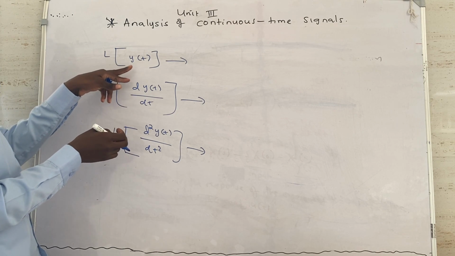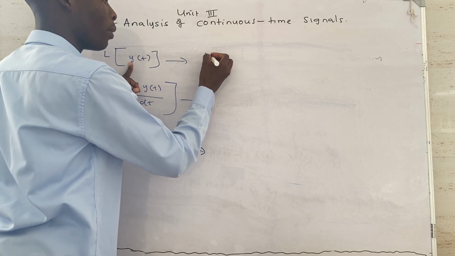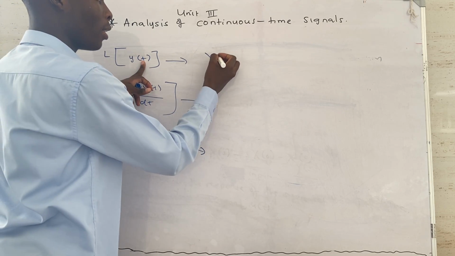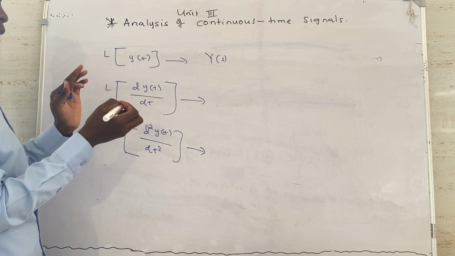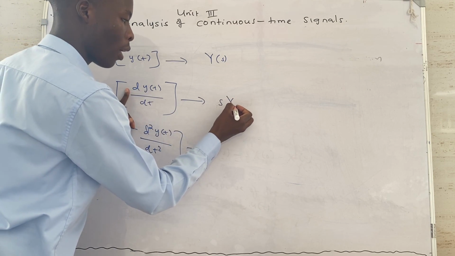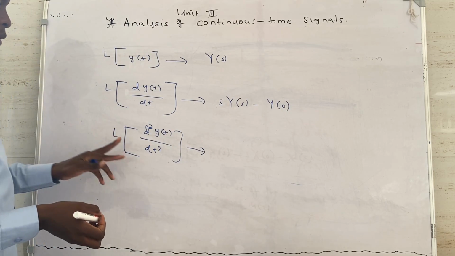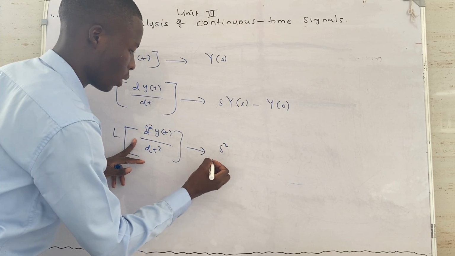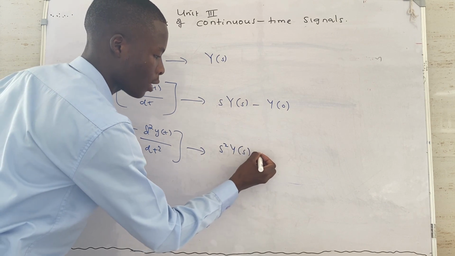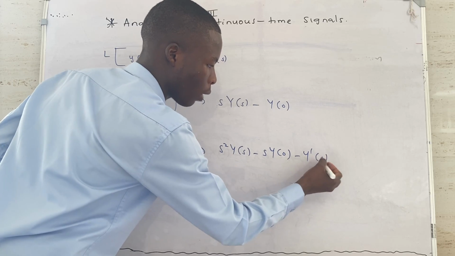So if you take the Laplace transform of y of t, small letter y will become capital letter Y, and small letter t will become small letter s. Here you are going to have s Y of s minus y of 0. Here you are going to have s squared Y of s minus s y of 0 minus y bar of 0.